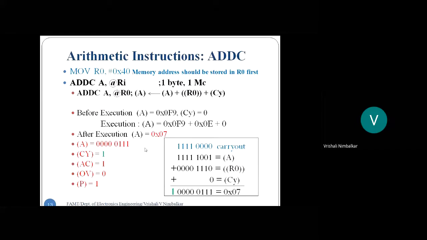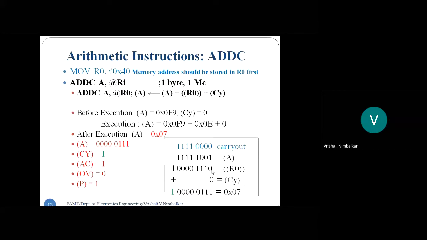So I have taken the same example. Accumulator is F9, but I have said what is the status of carry before executing ADDC. So before this instruction, carry was showing 0. Then addition happens. So F9 plus 14 plus that 0 bit. So see in that rectangular box, accumulator is having F9.